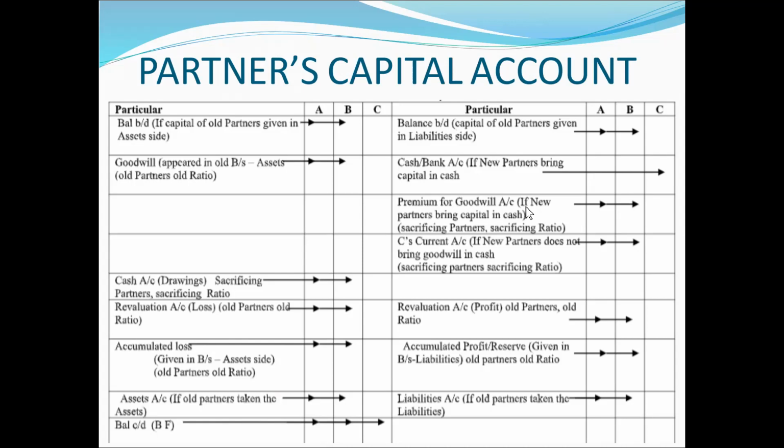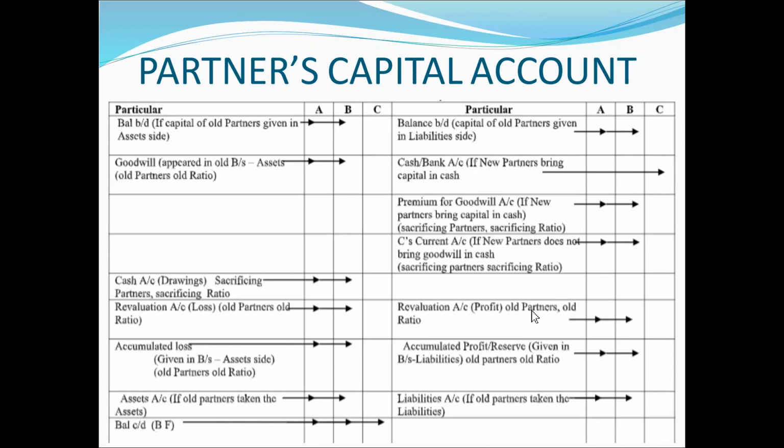This premium of goodwill is shared by the old partners in the sacrificing ratio. Current account, C's current account. If a new partner does not bring goodwill in cash, we just debit C's current account or C's capital account. This amount is also shared by the old partners in the sacrificing ratio.